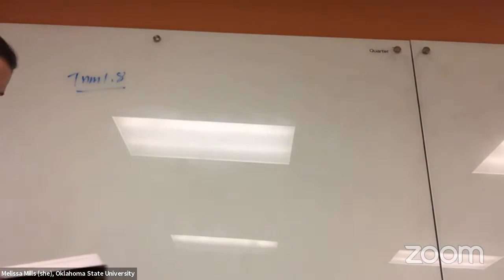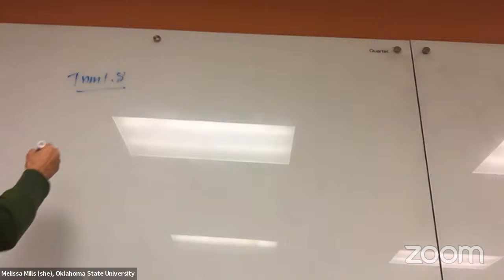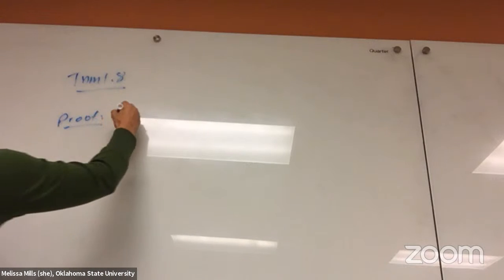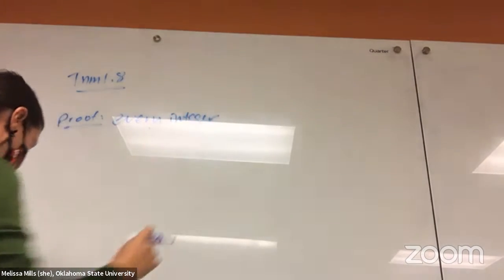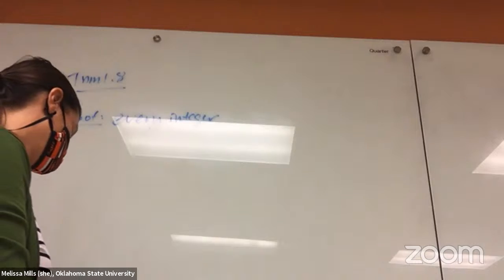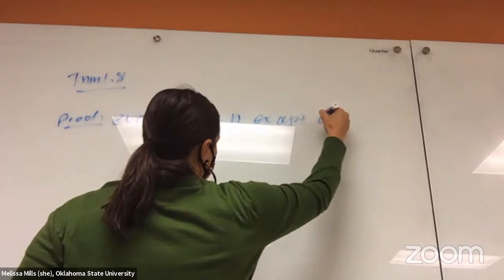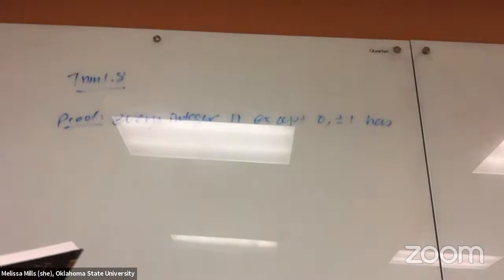Okay, so you all have the theorem written down, right? So I'm not going to rewrite it. We'll just go on from there. So here's the proof. Every integer except 0 and plus or minus 1 has a prime factorization by theorem 1.7.